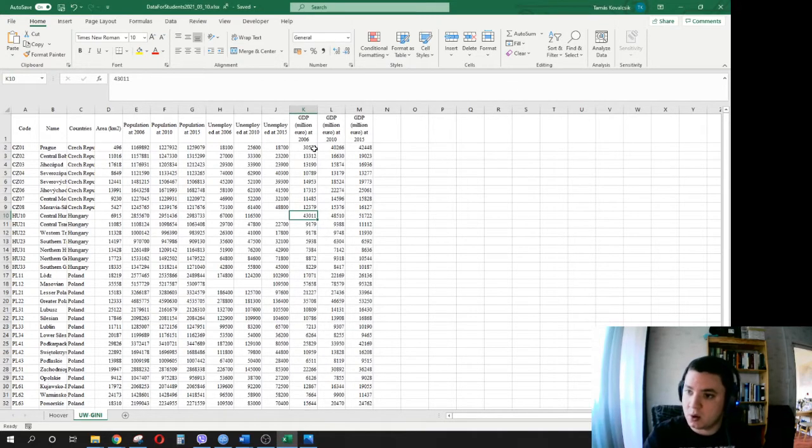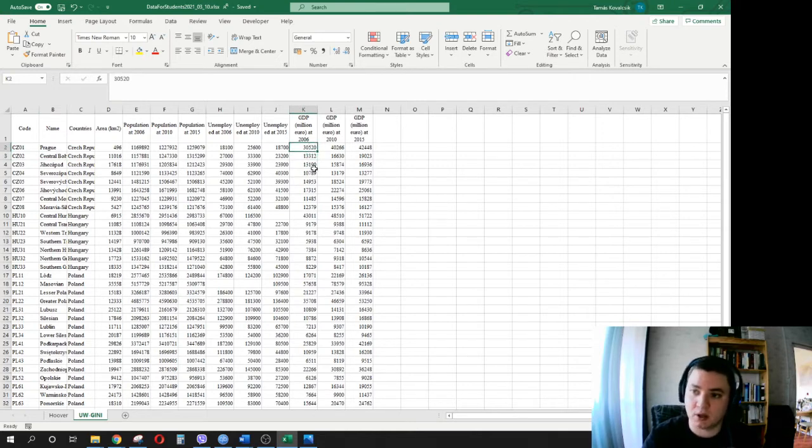So we have a difference, for example, in the GDP in 2006 between Prague and the Central Bohemian region. We have 30,000 million euro in Prague, and 13,000 million euro in the Central Bohemian region.